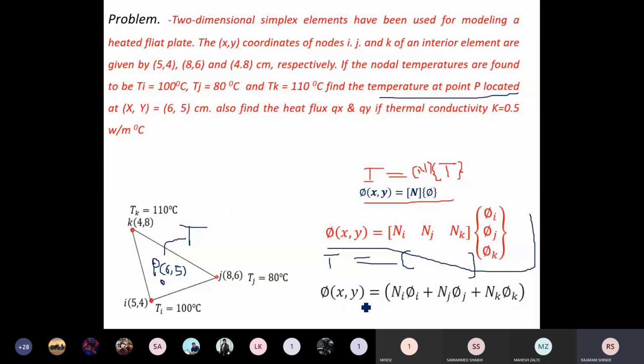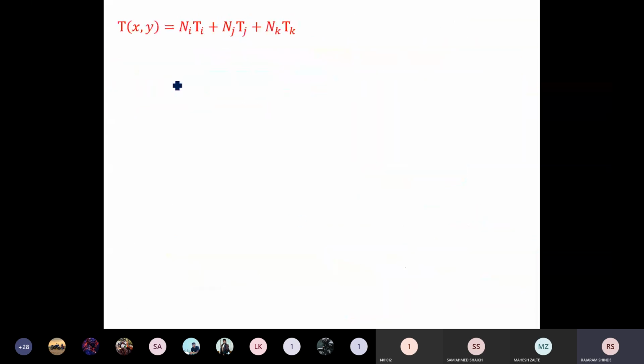Already we have seen this equation, phi(x,y), and in place of phi(x,y) you have T(x,y) equal to Ni Ti plus Nj Tj plus Nk Tk. Now this is a variable temperature you can find at any point on the element.